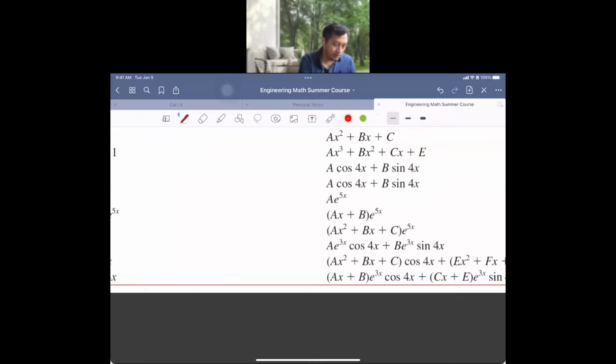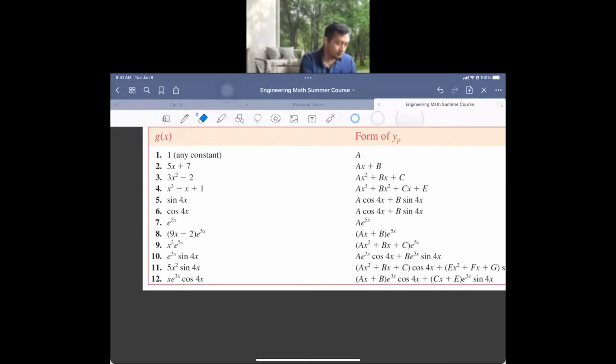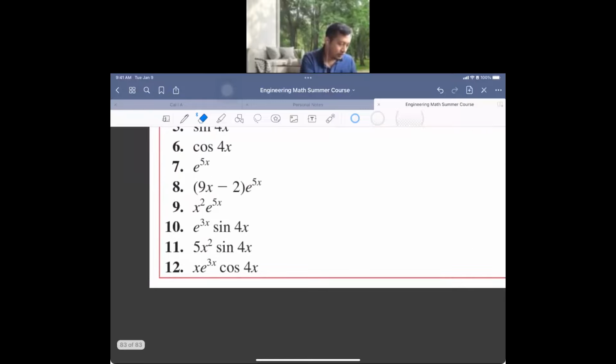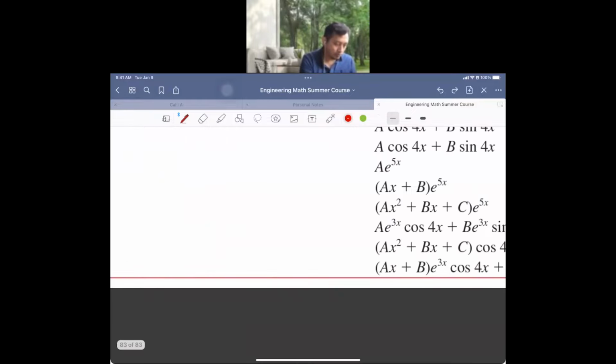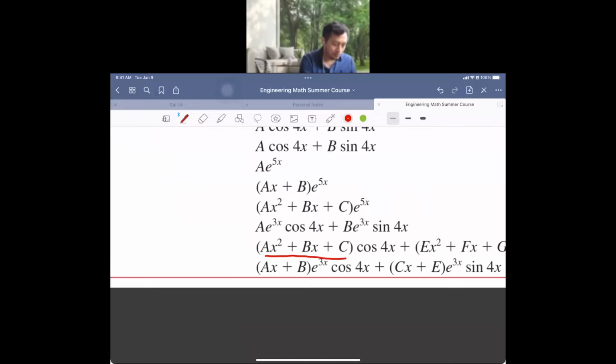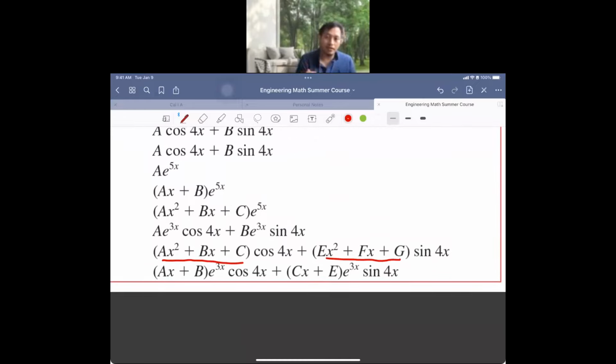For example, e^3x needs to be combined with a cos 4x plus b sin 4x, and then multiplied. And for the other part, for example 11 and 12, we combine polynomial with trigonometric. But remember, the sine or cosine will always be two components, so we need to include both cosine and sine.